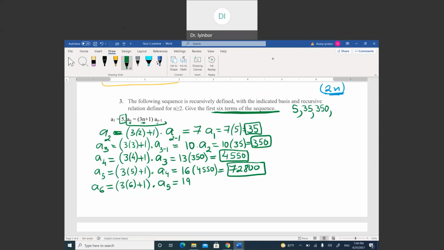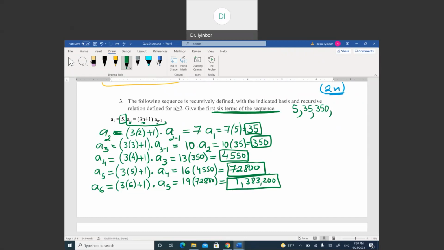Multiplying by the previous number. And we're going to get 1,383,200. Okay, so these are my 6 numbers, and you can just list them.